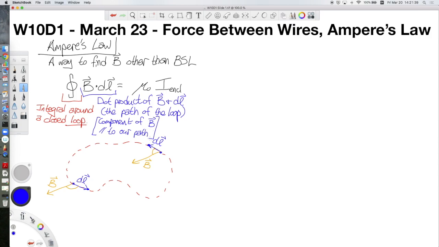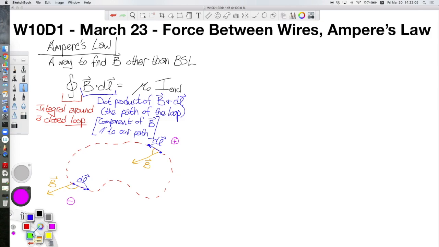So up here above, we would have a positive contribution, since our magnetic field and our path of our loop are less than 90 degrees apart, so we would get a positive dot product. Down here, we would get a negative contribution to our integral because the angle between B and dl is more than 90 degrees.